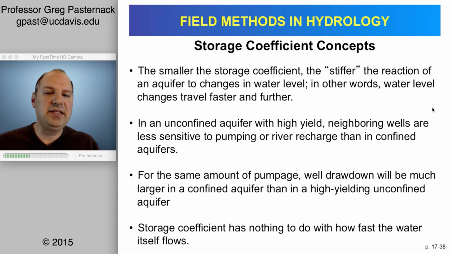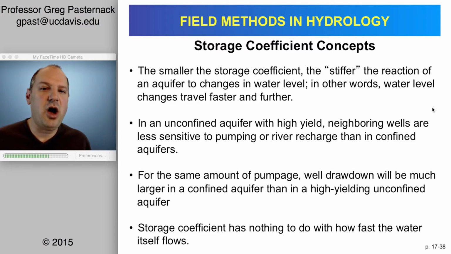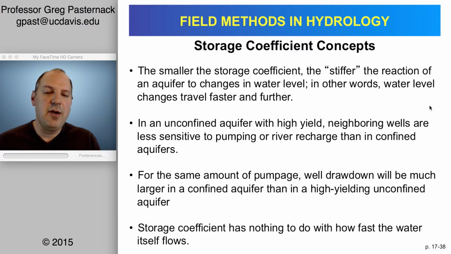So here are some basic concepts to think about to understand this. The smaller the storage coefficient is, the less water you get out per unit of change in hydraulic head. So you're pumping really hard, you're pulling really hard, but you're not getting much response. And we call that a really stiff system.